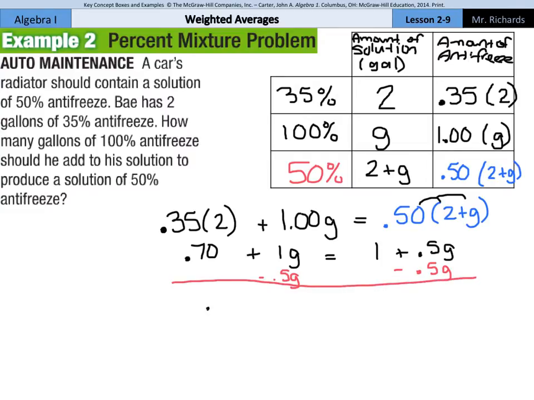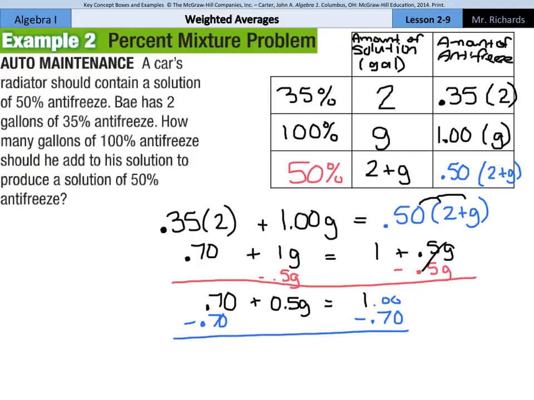We're left with 70 hundredths, or 7/10, however you want to write it, plus 5/10 G equals 1. Then, subtract our 70 hundredths, or 7/10. We're left with 5/10 G equals 30 hundredths.